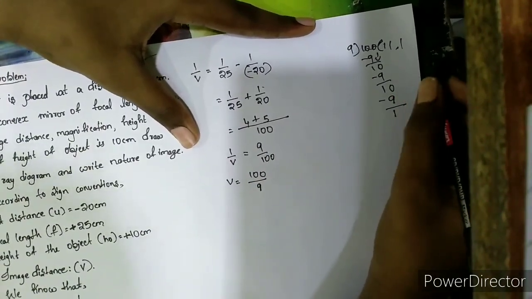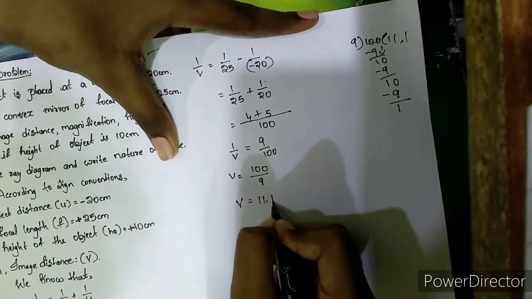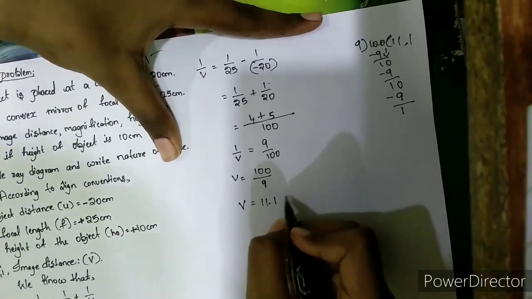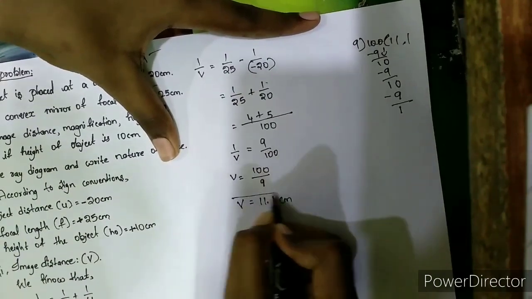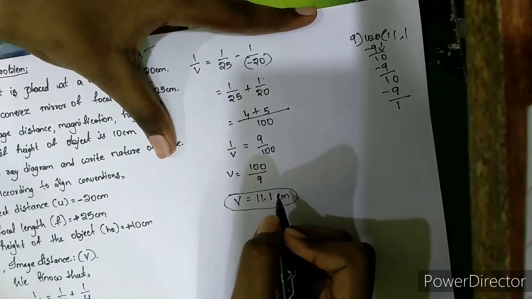Here we got 11.1. So we can write V is equal to 11.1 approximately centimeters. Now here we got image distance is equal to 11.1 centimeters.